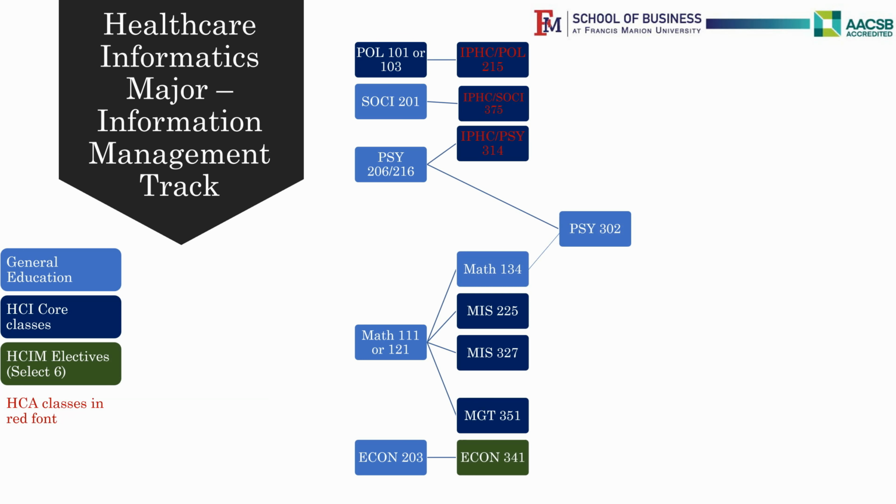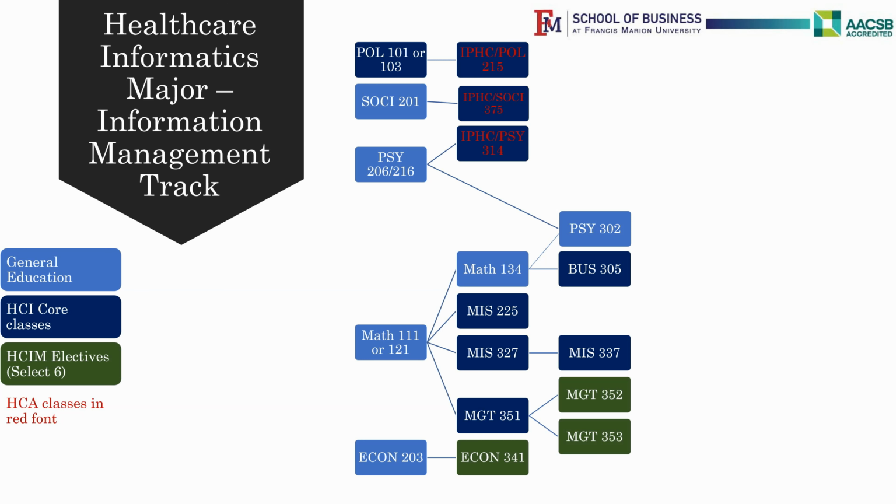Math 134, Probability and Statistics, and Psychology 302, Quantitative and Psychometric Methods, should be taken to build students' proficiencies in analytics. MIS 225, Modern Programming, and MIS 327, Information Systems Fundamentals, give you the core IT classes, and Management 351 gives you the core management class.